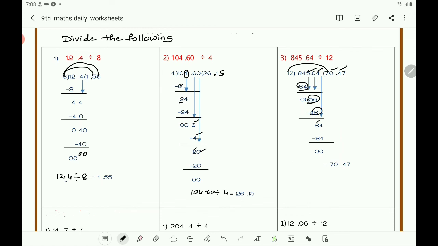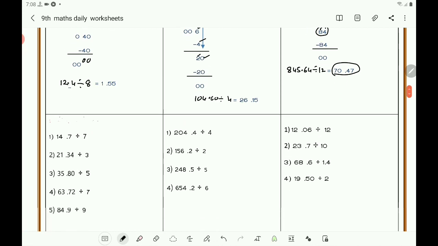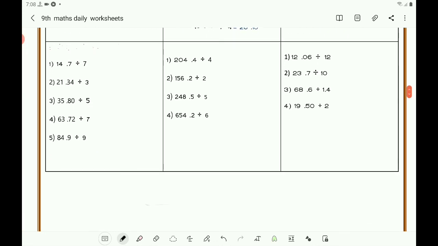Then you take the next digit down. 84 it becomes. Then 12 sevens are 84. 84 minus 84 you will get 0. So you got that 845.64 divided by 12 is equal to 70.47. Then next, by using these hints, children do the division.